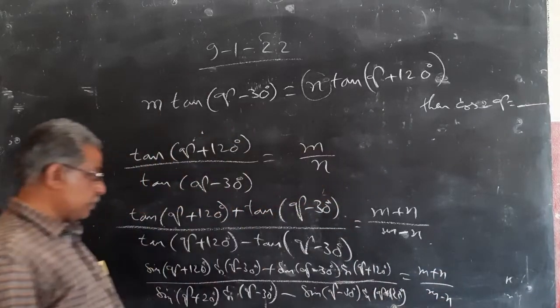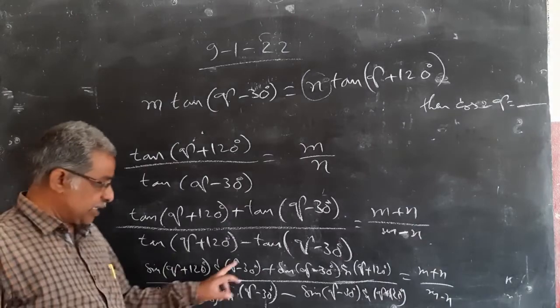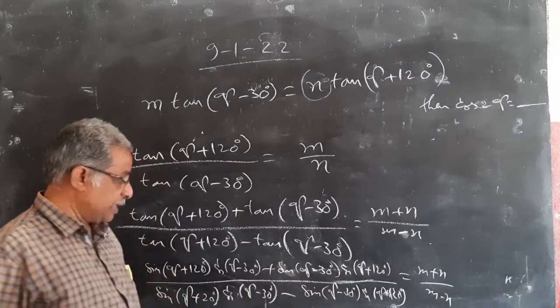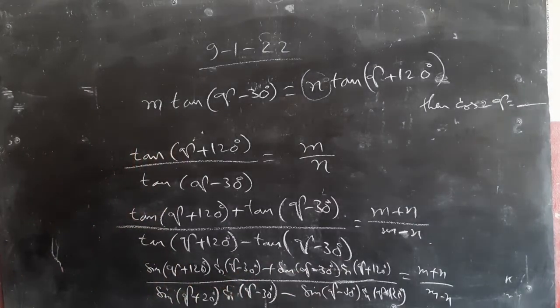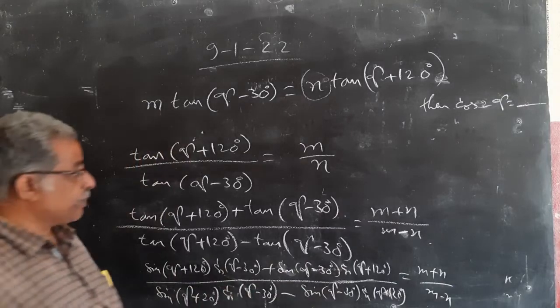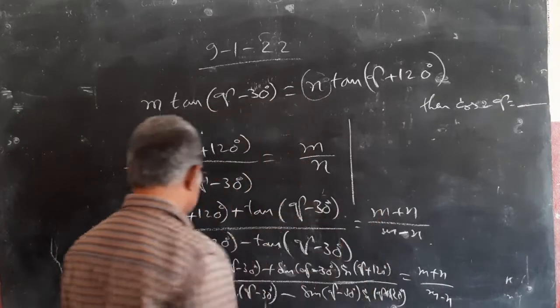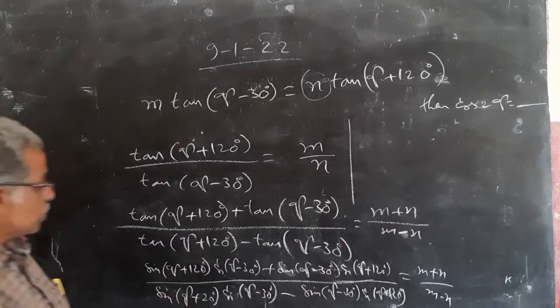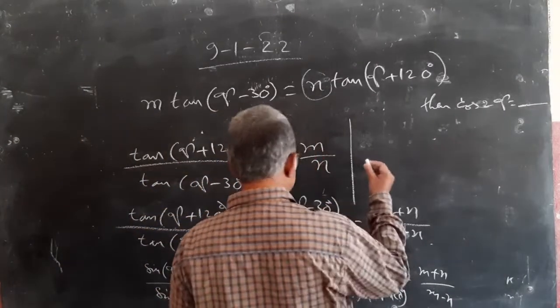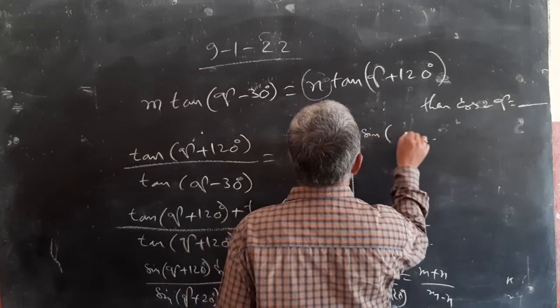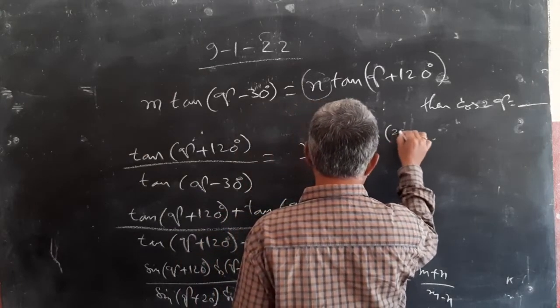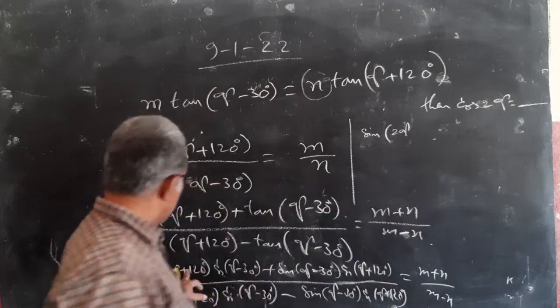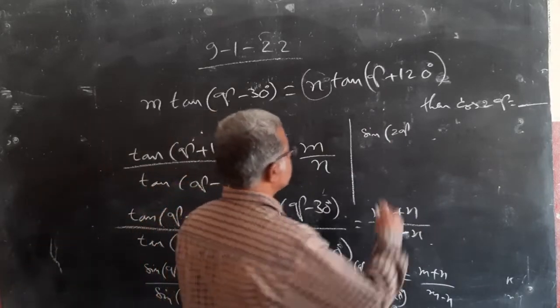Now if you observe, sin a cos b plus cos a sin b is nothing but sin of a plus b in the numerator, and sin of a minus b in the denominator. Sin of a plus b means q plus q, 2q, and 120 minus 30, that is 90.